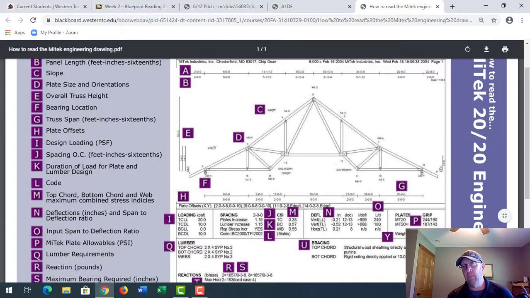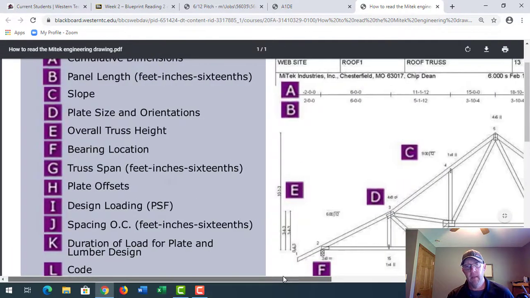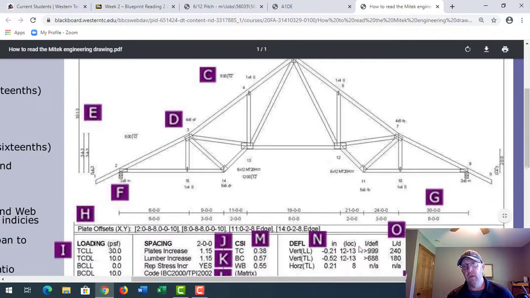Okay, so if I were to blow this up and look at the letter G, from the very outside of this wall to the very outside of this wall, G is 30 feet. Okay, so I know that this truss span is 30 feet.